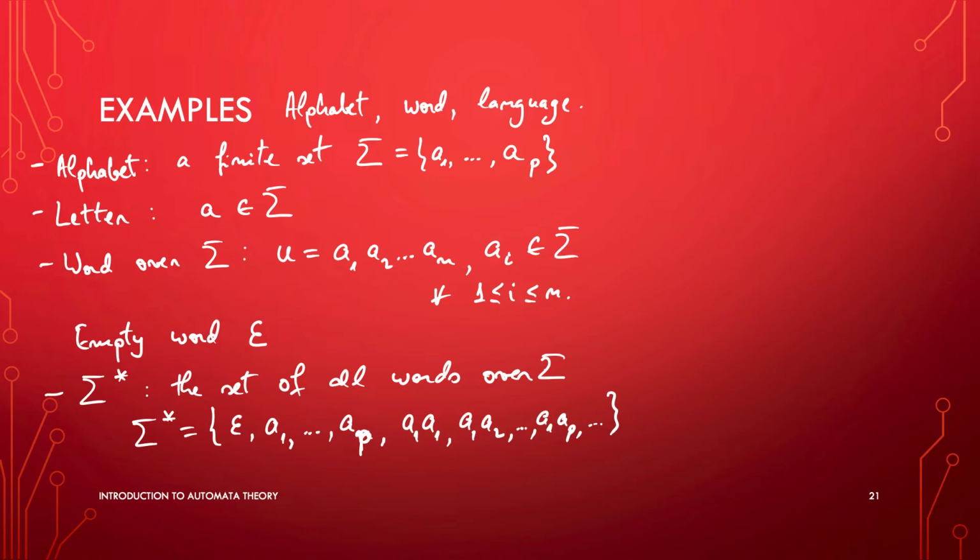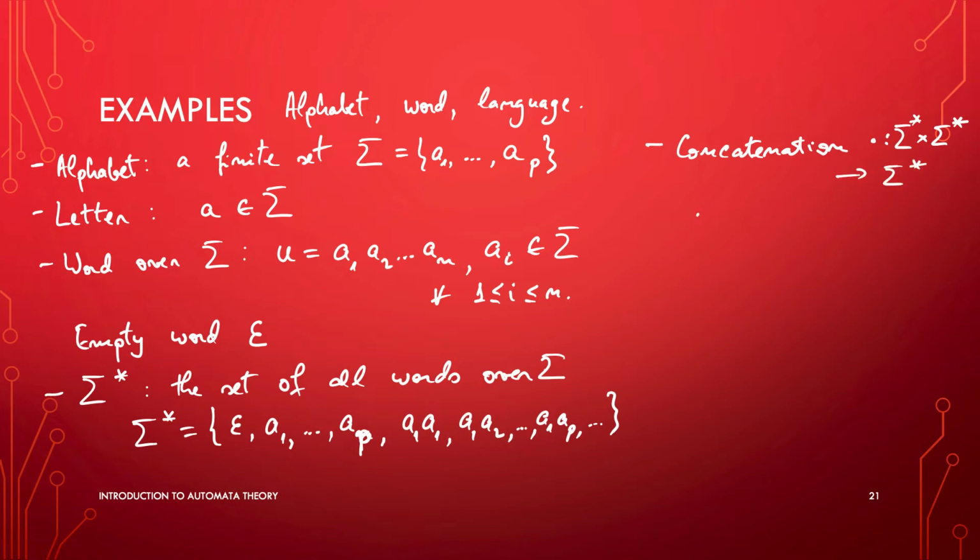I also want to define the operation on words, concatenation. The concatenation is denoted by a dot, and this is a binary function that takes as input two words and gives as output a word.